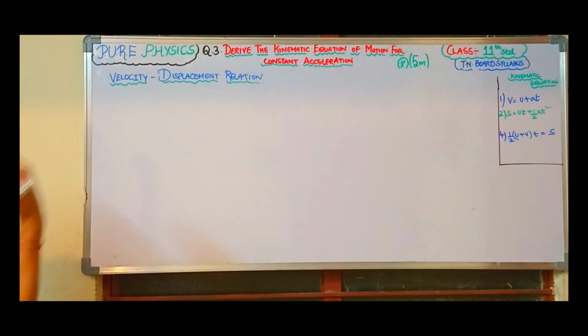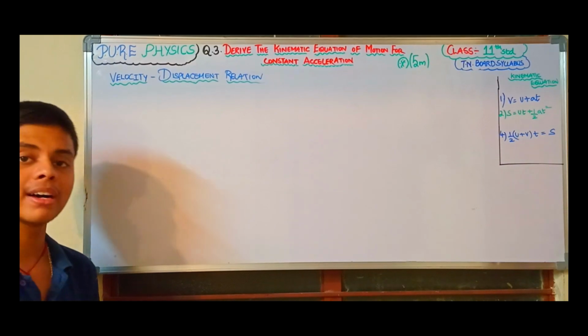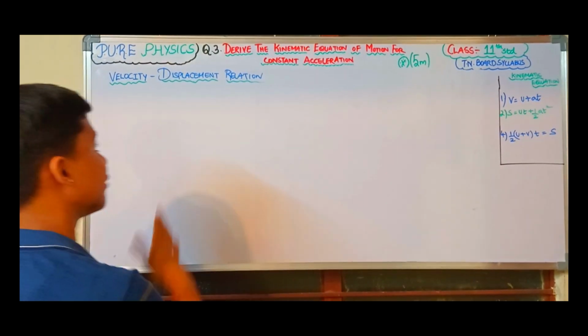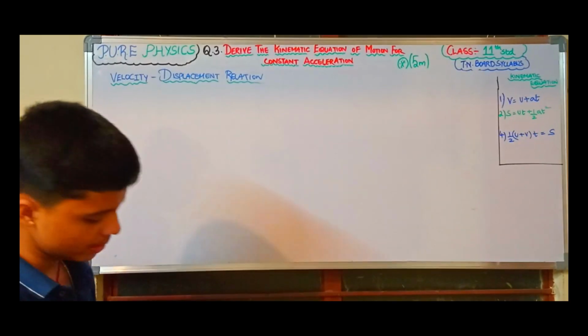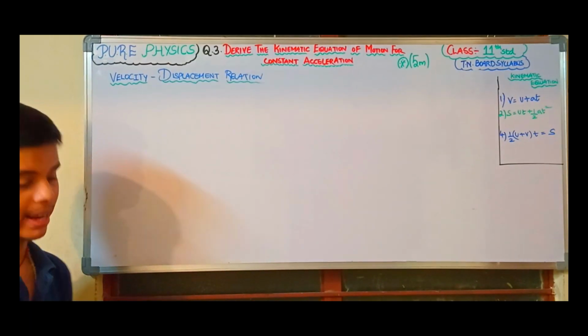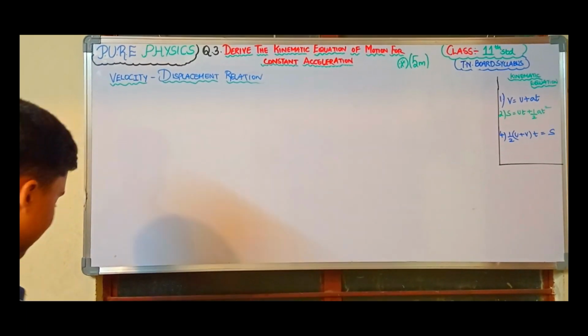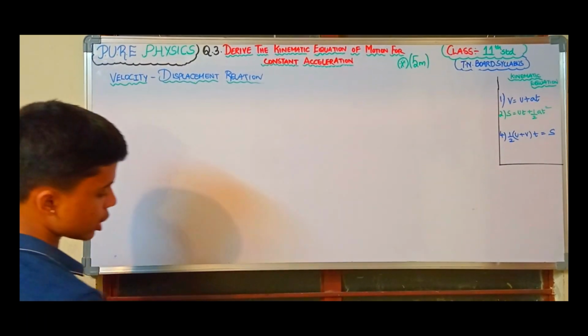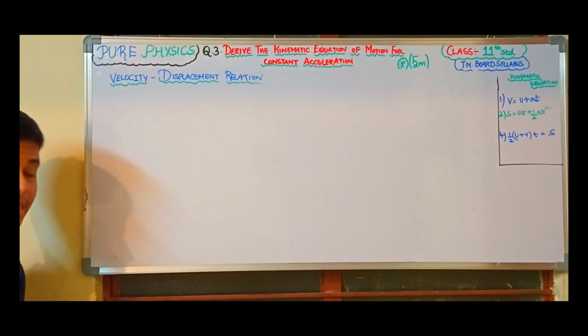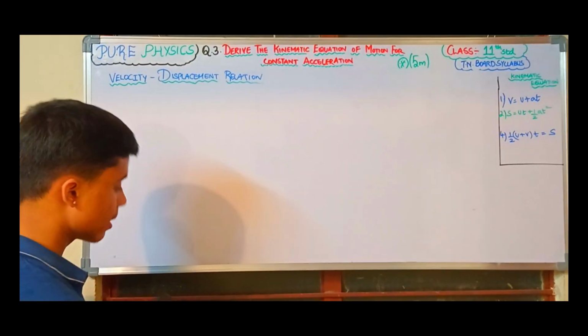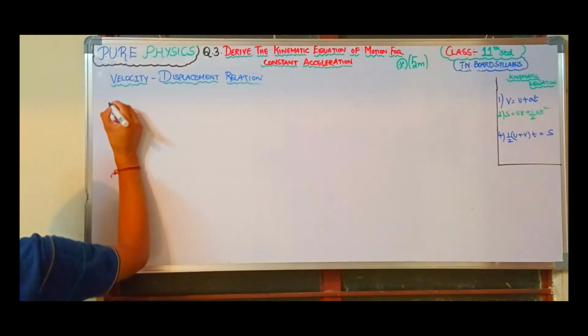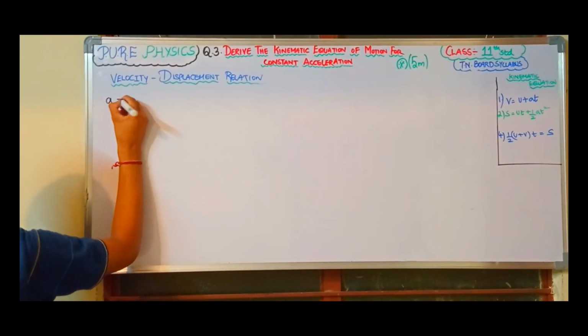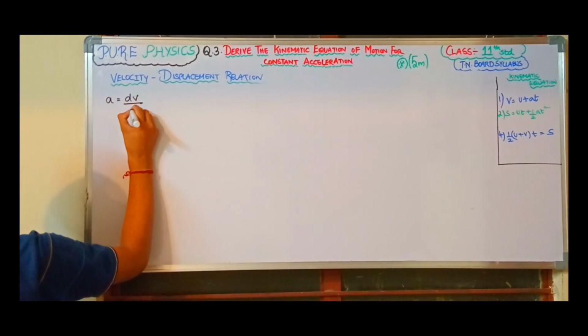In the starting step, I'm going to take the first definition of my first step, which is the definition of acceleration. What was my definition of acceleration? Acceleration of a body is defined as the first derivative of velocity with respect to time. So I take acceleration a is equal to dv by dt.